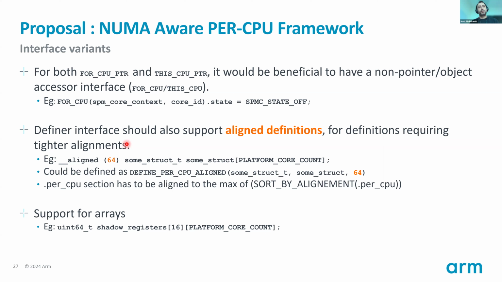Over time, we might find some structures are per node structures, and then you can have that framework in place to move those structures into the per node category instead of the global category.